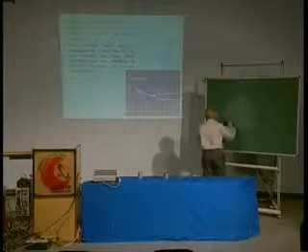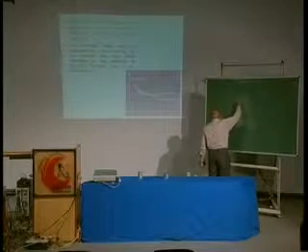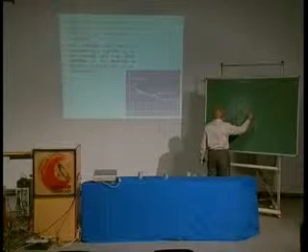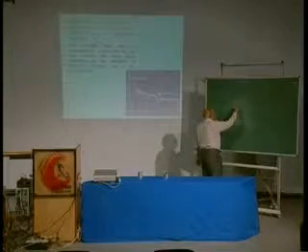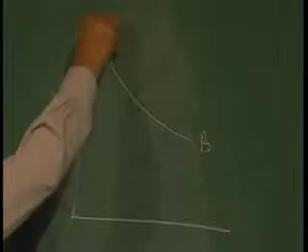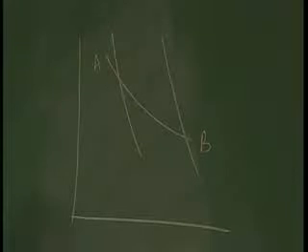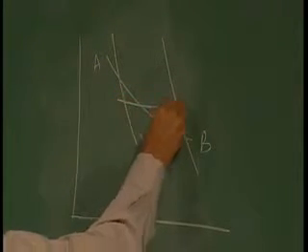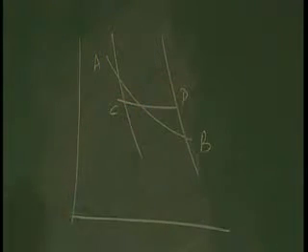To explain this, let us assume that there is a reversible line, a reversible process, passing through A and B. On this reversible process we can draw two reversible adiabatic lines as shown here, and an isotherm CD.